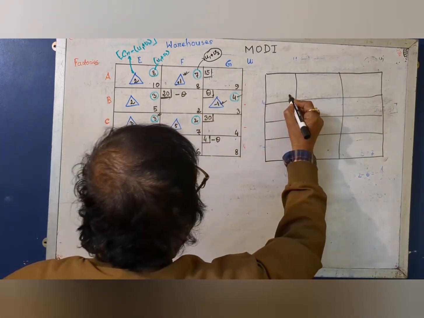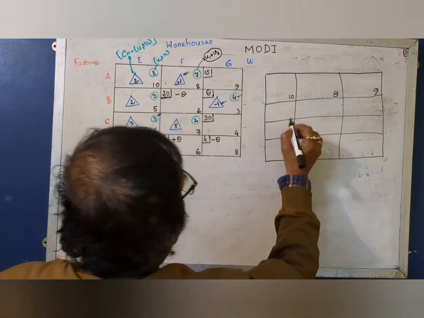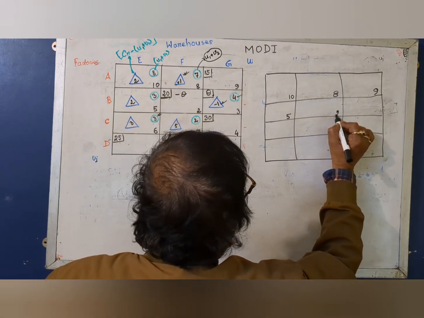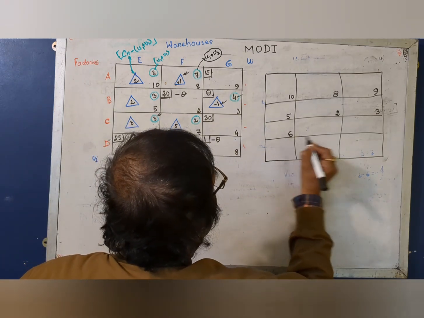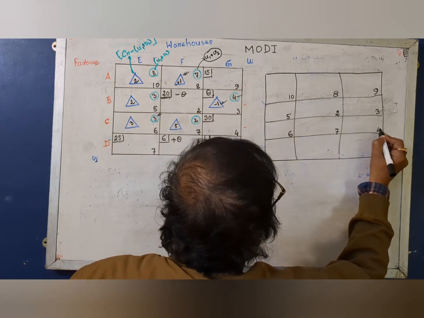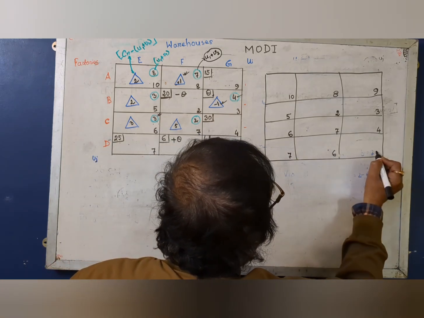Was 10, 8, 9. 5, 2, 3. 6, 7, 4. 7, 6 and 8.